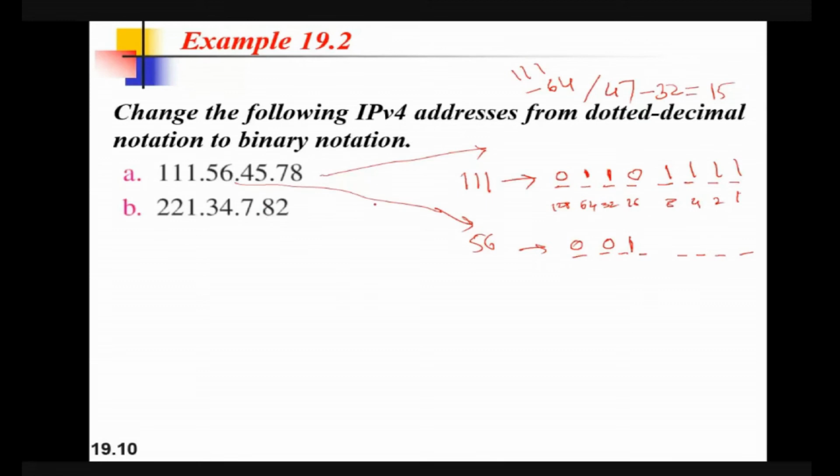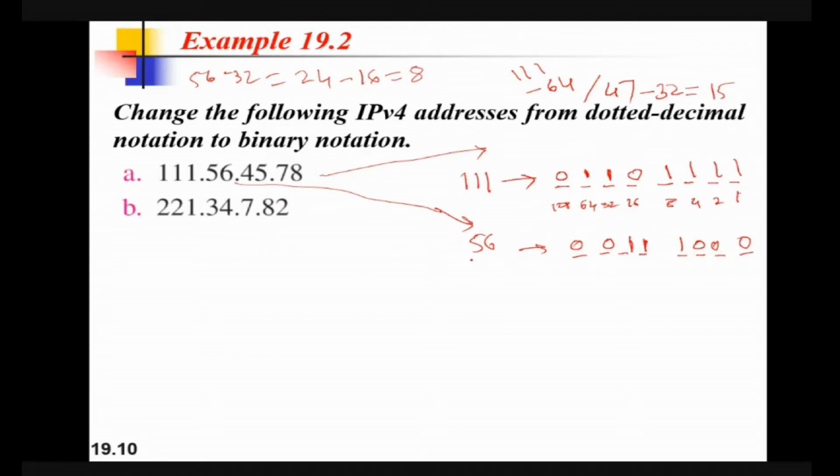The remaining is 56 minus 32, which equals 24. Am I right? Yes. Then 16 will be a 1, so we have represented 16 more out of this. Then the remaining is 8, then the remaining are 0. So this will be 56: 32 plus 16 is 48, plus 8 is 56.